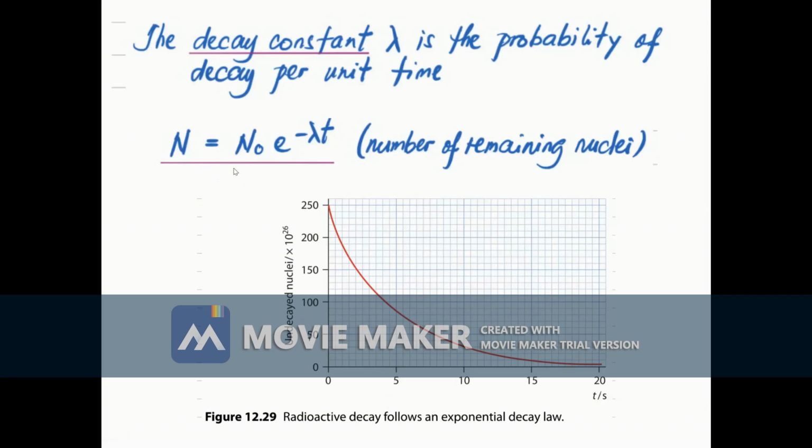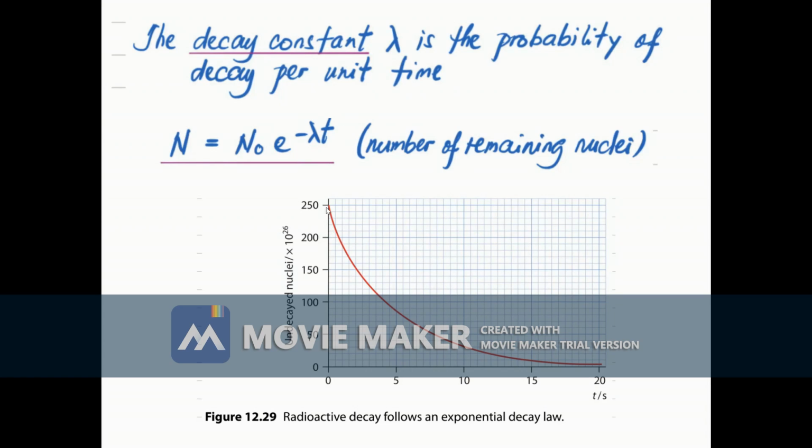Here is the formula for the amount of remaining nuclei: the given initial amount of nuclei, N0, times e, a constant, raised to the power of negative lambda times time, which means that it is a decreasing trend that depends on time.